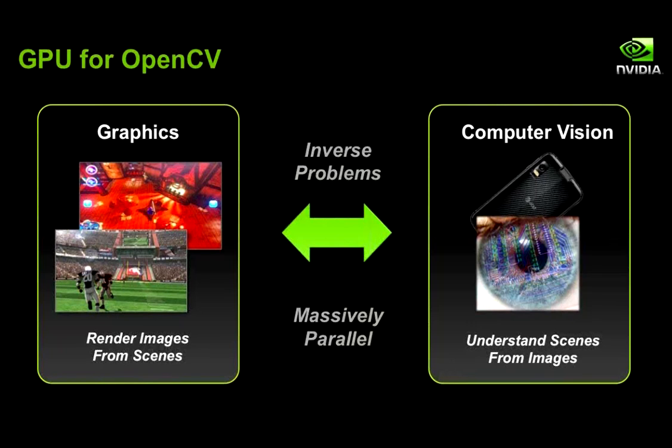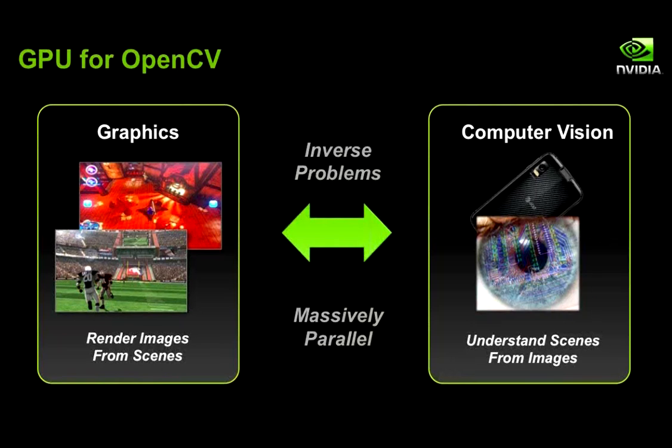In computer vision, in some sense, it's the dual of the graphics problem: we have video or images as input, and the task is to interpret or create a representation of our world in terms of what objects are present and what their position is, and so on.